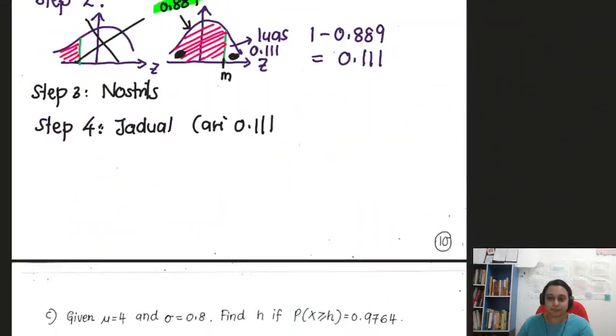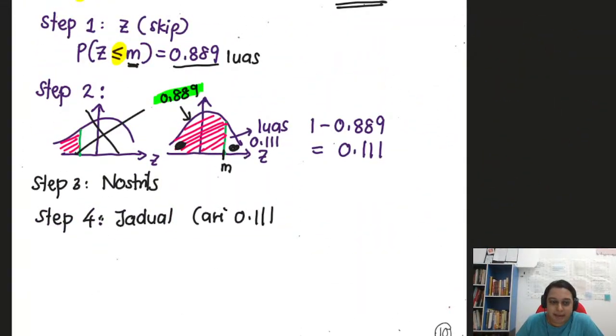So, going to our question just now, what is the nilai for M? So, the M is 1.221. Okay, next question. C.